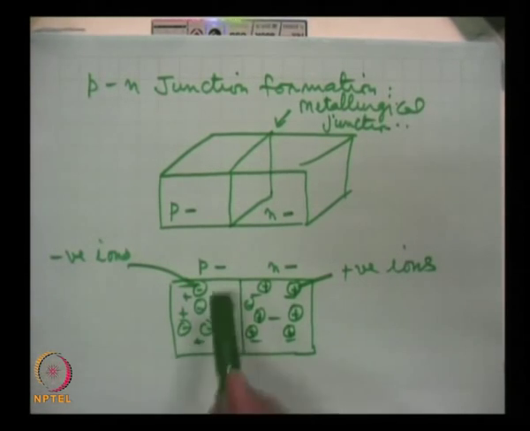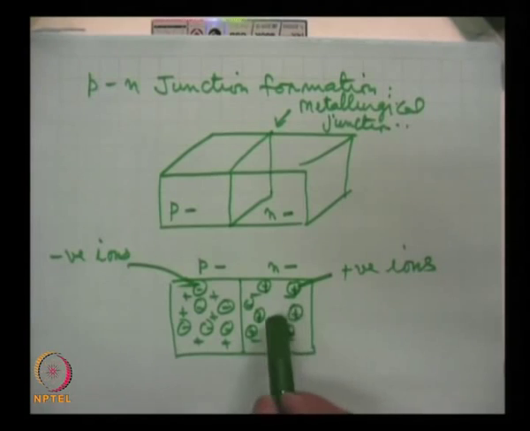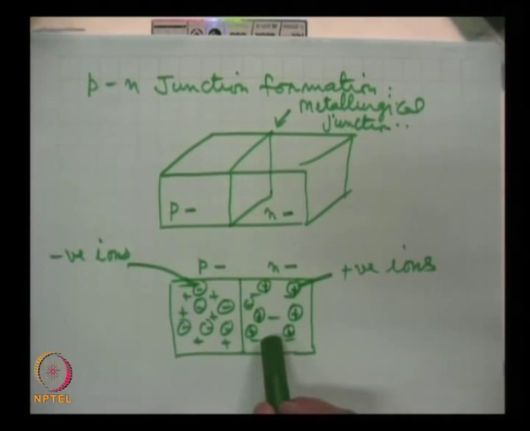Obviously, on the p side the density of holes is high, on the n side the density of electrons is high. For the time being we are ignoring electrons in the p region which are there in the minority, and here the holes are in minority. We will talk about them a little later wherever that is required.